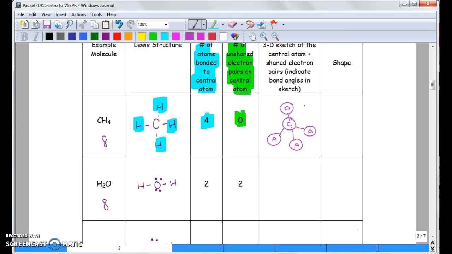So there's 4 of those hydrogen atoms coming off, and they're all about as far away from each other as they can get, being distributed evenly around the carbon atom, the central atom. In this case, the largest bond angle is going to be 109.5 degrees. This is called tetrahedral. It should be easy to remember that it's tetrahedral because hedral means sides, and tetra means 4, and there are 4 bonded atoms.